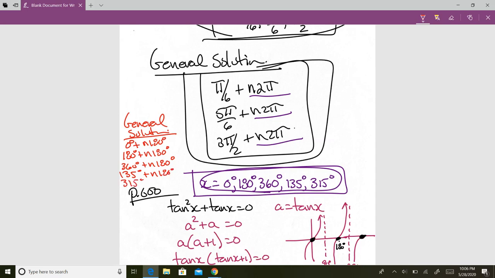And 315 plus n 180. All right. So you just take all your answers and add multiples of the period. The only trick is if it's a tan graph, the period is 180, not 360 or 2 pi. And if these were in radians, you'd just write 0 plus n pi, which is 180, plus n pi, 360, 2 pi, plus n pi, etc.